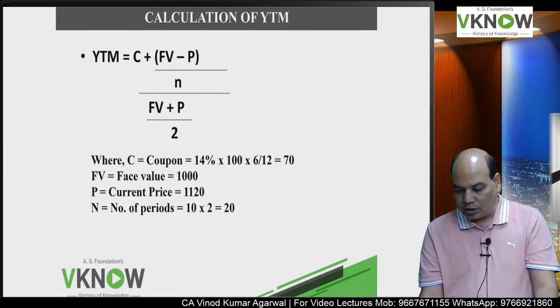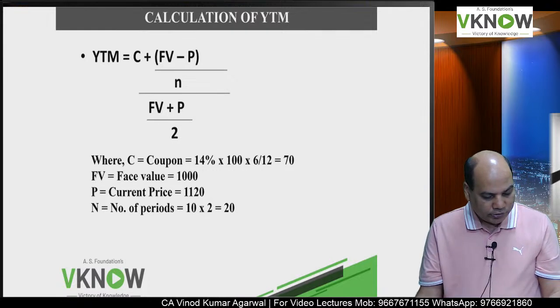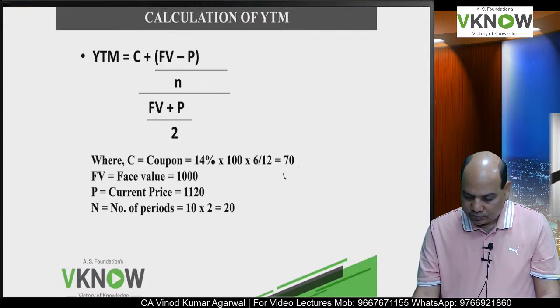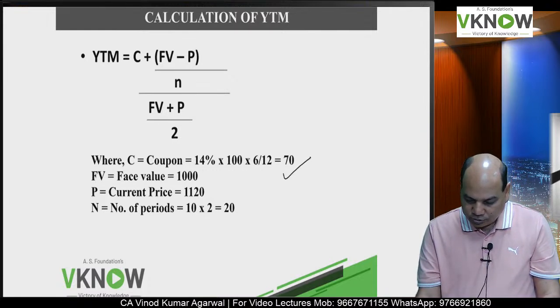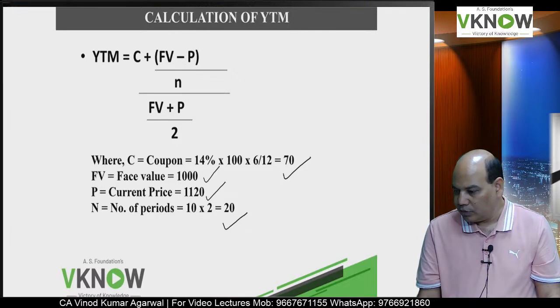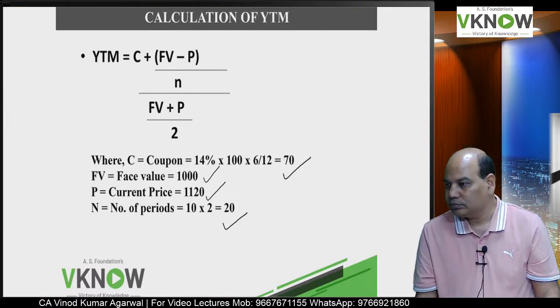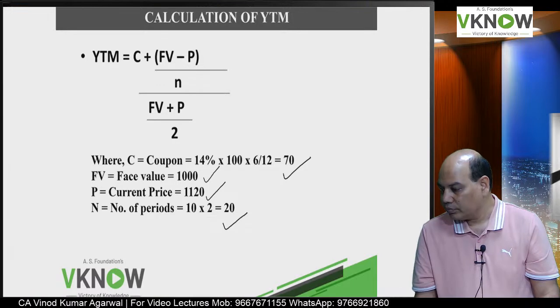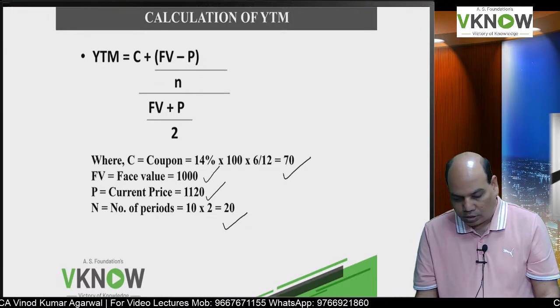So this time I will take coupon as 7% of 1000, 70. Face value 1000, current price is 1120, and number of periods will take 20. Yes, please solve.